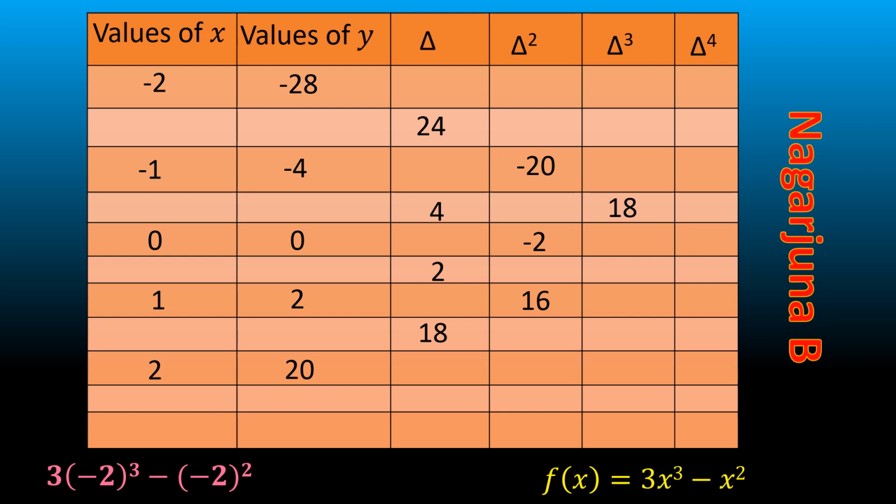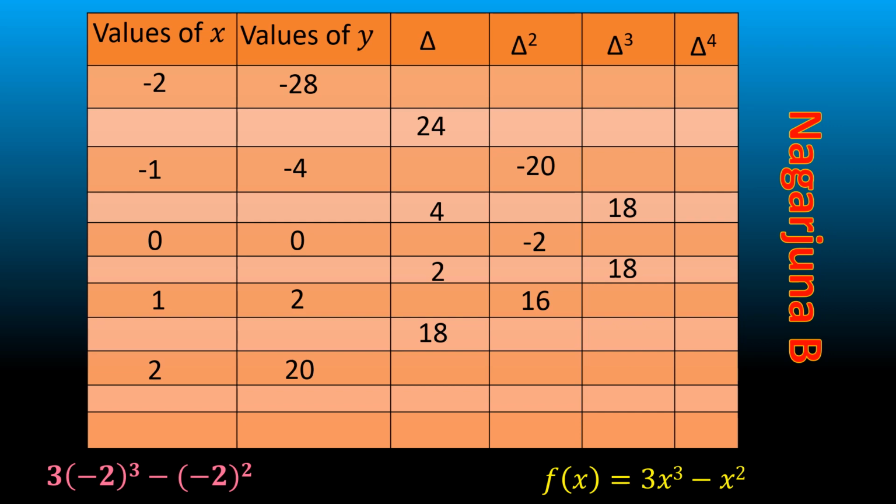The next, 16 minus of minus 2. Minus of minus 2 will be plus 2, 16 plus 2 will be 18, and that should be written in the delta cube column in between the rows of 16 and minus 2, like this.